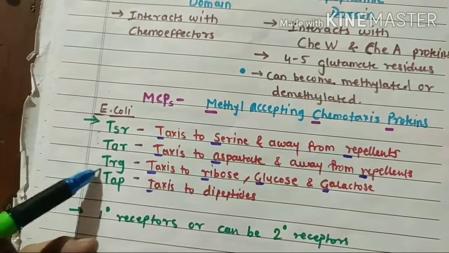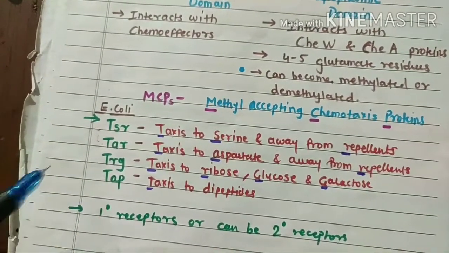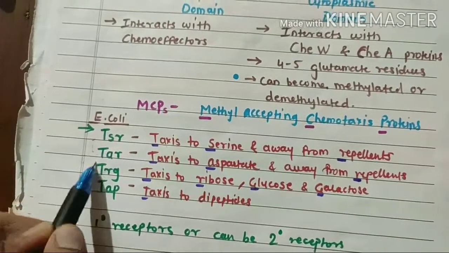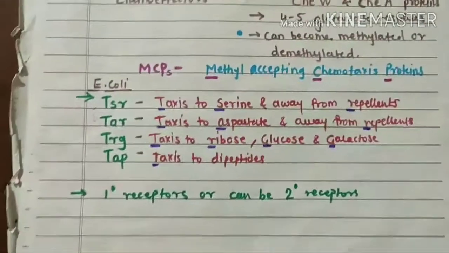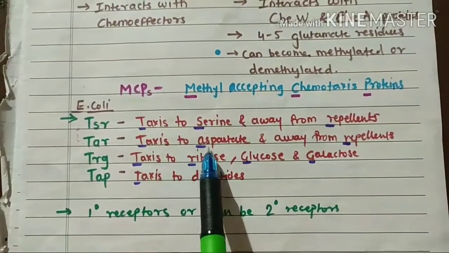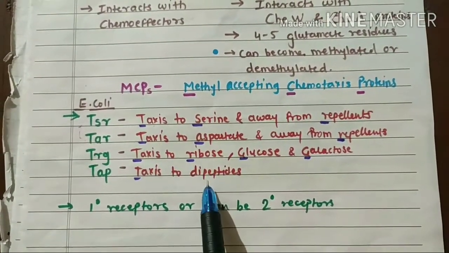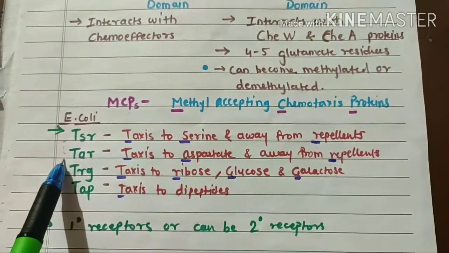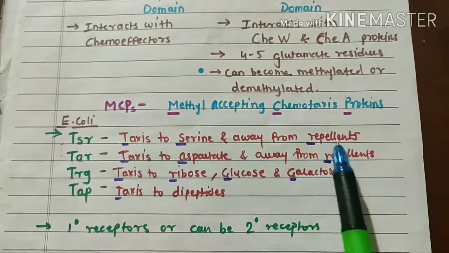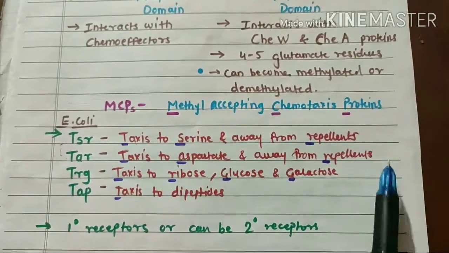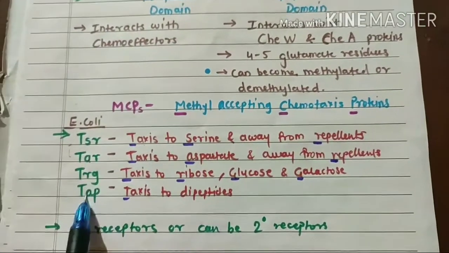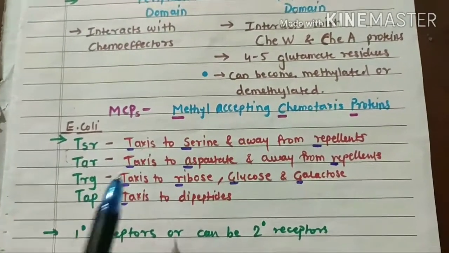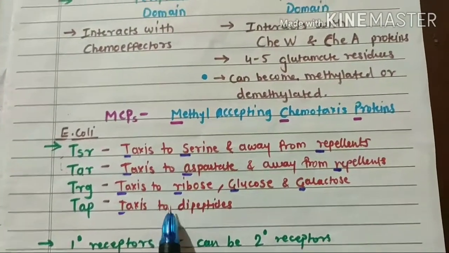These 4 types of MCPs show taxis towards different attractants and repellents. Only Tsr and Tar show activity for repellents, and all 4 show activity for the presence of chemoattractants.